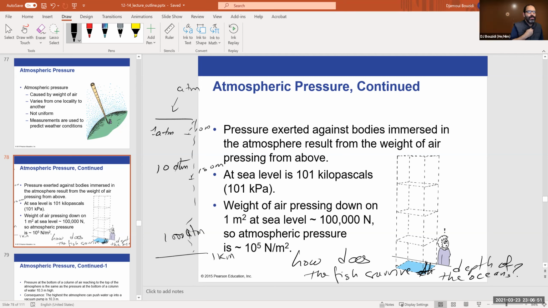And we can't. An elephant cannot. Whales cannot survive that much depth because they cannot breathe. They need to breathe air. Actually, whales are mammals. They breathe air too.